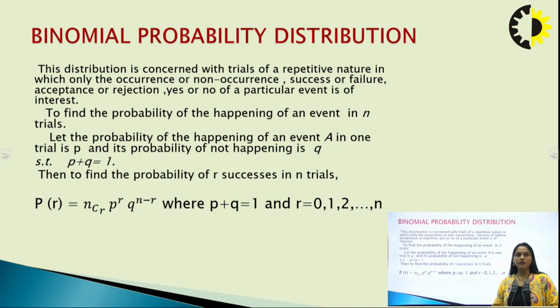You must have seen whenever probability comes, we always talk about an event, a trial, and we generally take questions on the toss of a coin or rolling of a dice. But sometimes some events repeat in nature, or we can say the trials repeat in nature.